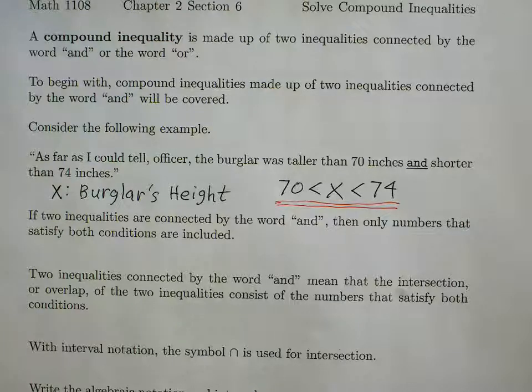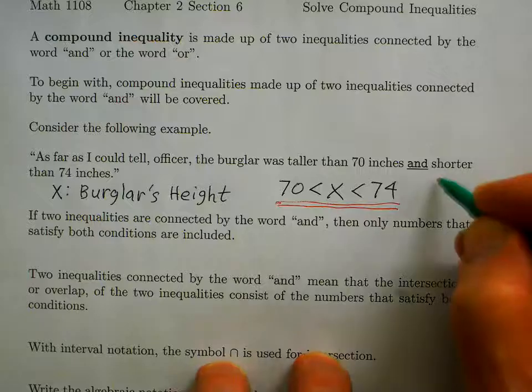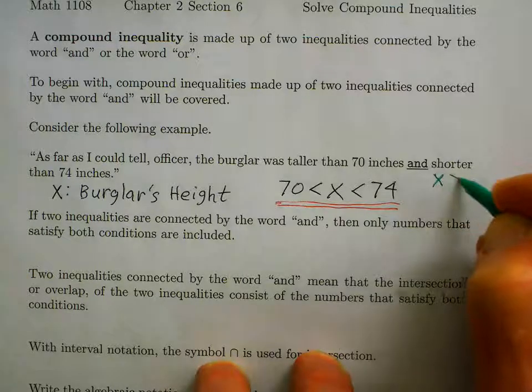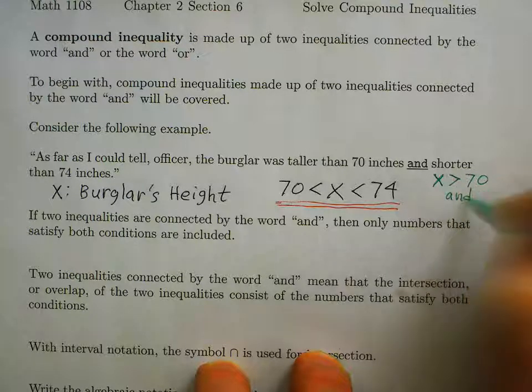But you could begin with writing the burglar was taller than 70 inches and shorter than 74 inches.